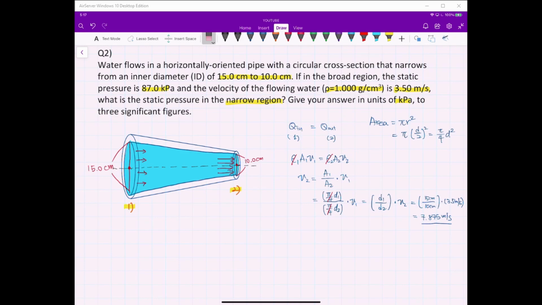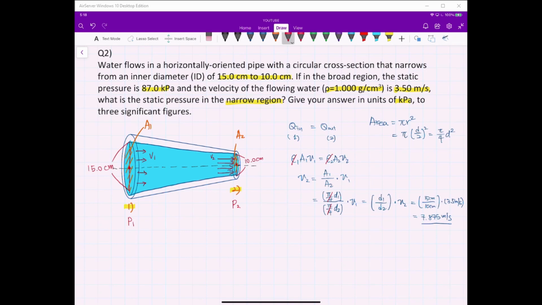Bernoulli's principle is the reduction in pressure which occurs when the fluid velocity increases. And let's apply the concept to the question. The fluid at position 1 has higher area than the area 2, which leads water to flow slower at position 1 than position 2, thus the P1 will have higher pressure than the P2.